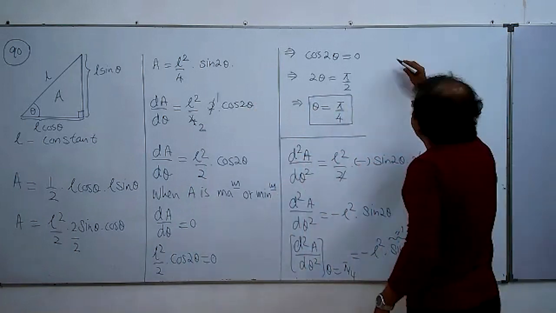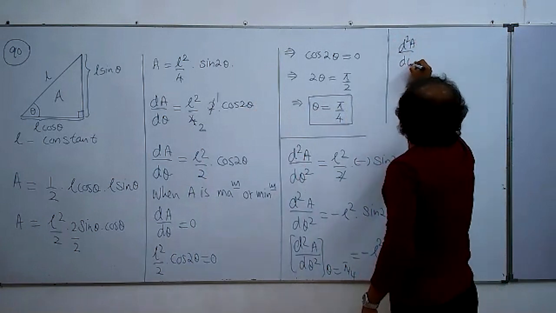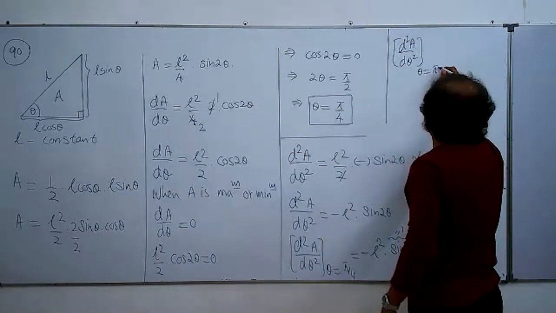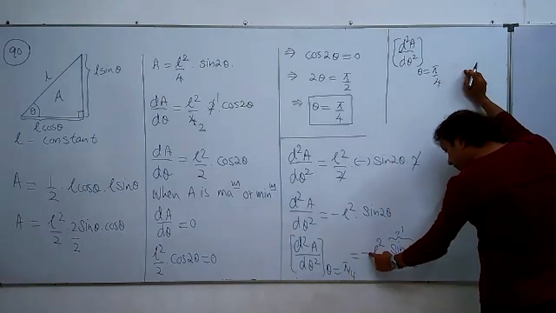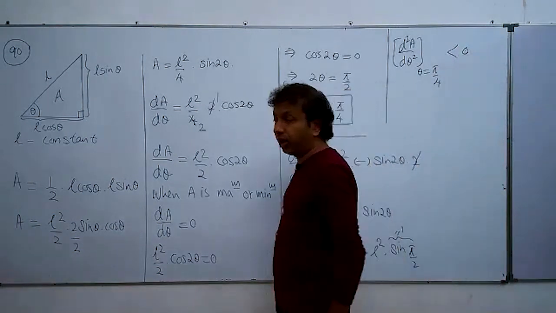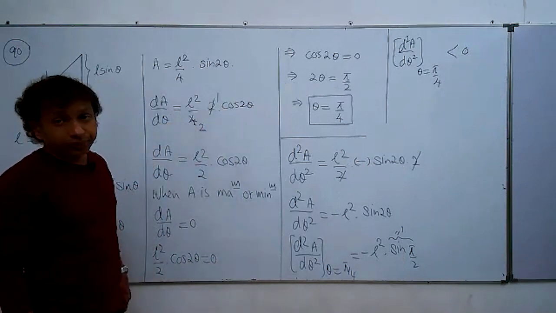Then you can see d2A upon d theta 2 at theta equals pi by 4: since L squared is a perfect square, it is positive. Here we have a minus sign, so completely this right hand side is negative. Then at theta equals pi by 4, the second derivative is negative. Second derivative negative means A is maximum.